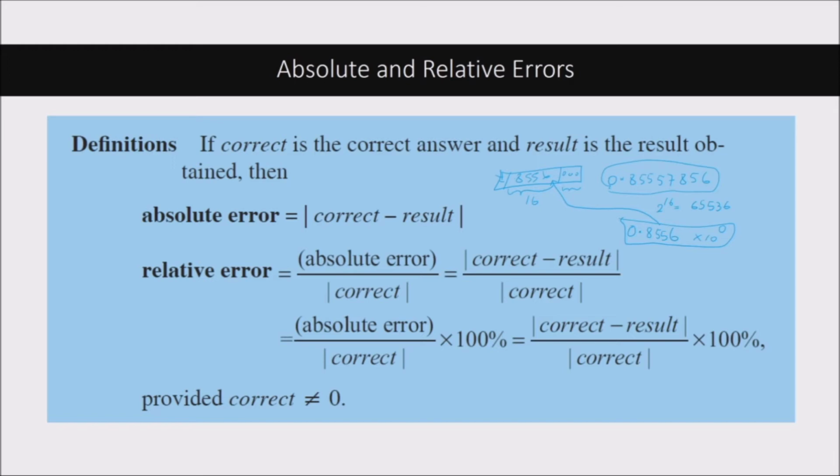Okay, so what you can do is subtract one from the other, and so if I get the difference between these two, this is the correct answer and this is the result value, right? So if you subtract one from the other, you get something like negative 0.0002144. This is what you get.